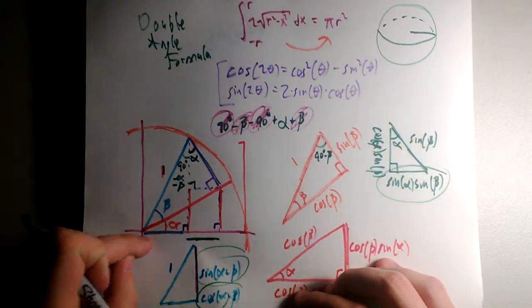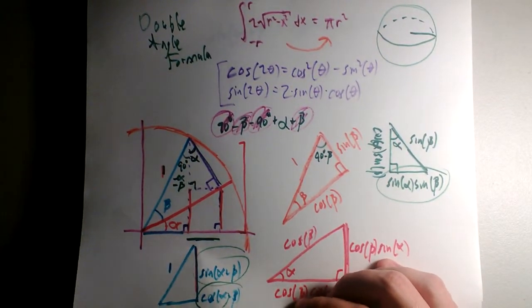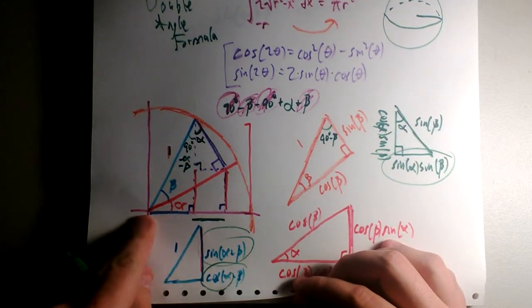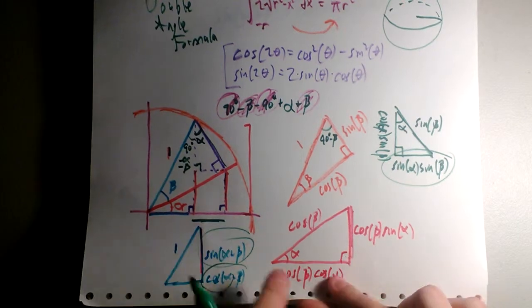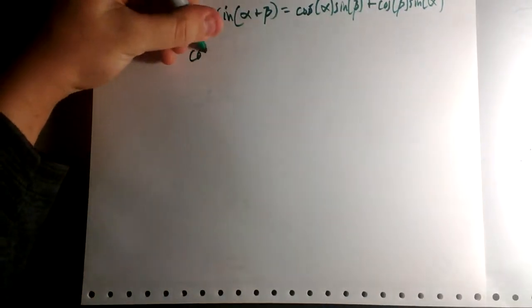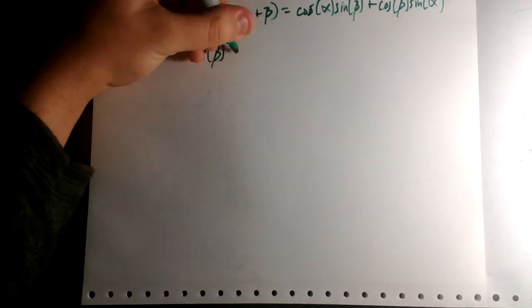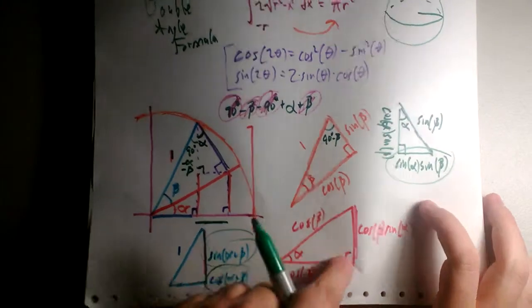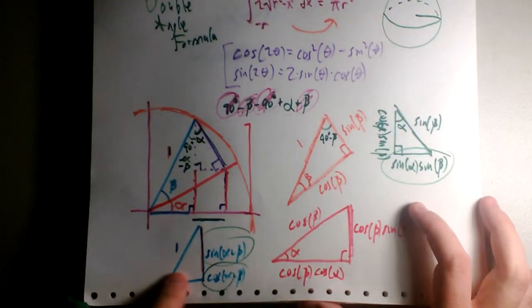Now let's bring it to this bottom part. This one's a little fancier, because this length is smaller than this whole length of cosine beta, cosine alpha. So let's write that. Cosine beta cosine alpha. That is this whole length right here, and this is a piece of it.